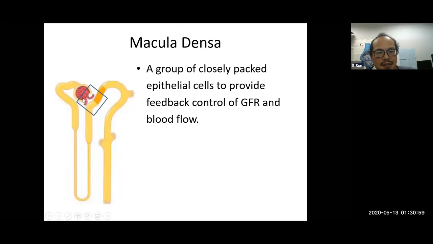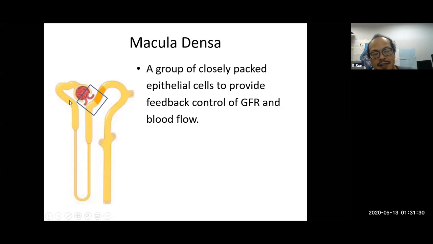This is the glomerular capillary, Bowman's capsule, filtration, and then the proximal tubule. The proximal tubule reabsorbs every major thing, glucose, amino acids. Then we have the loop of Henle, descending, ascending, coming back to here. Then here is a portion called the macula densa. So right here, this is the macula densa.